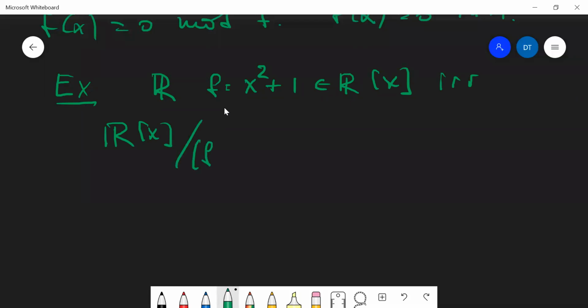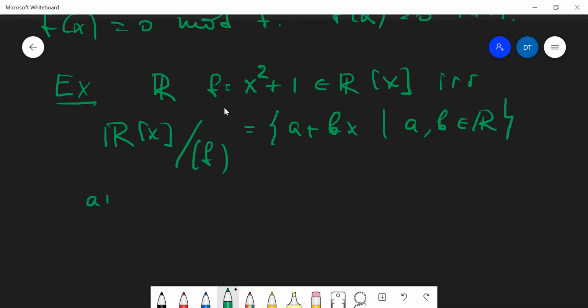Then, if we consider R[x] quotient by f, then by definition, it consists of elements a plus bx, where a and b are real. And how do we add and multiply the elements here? Well, we add them coefficient-wise. And how do we multiply?